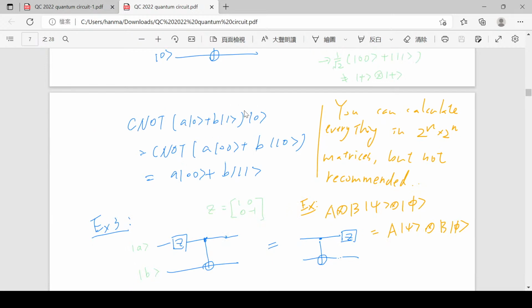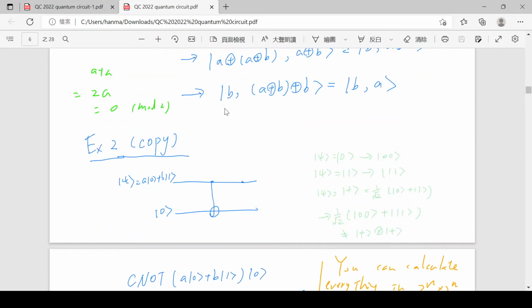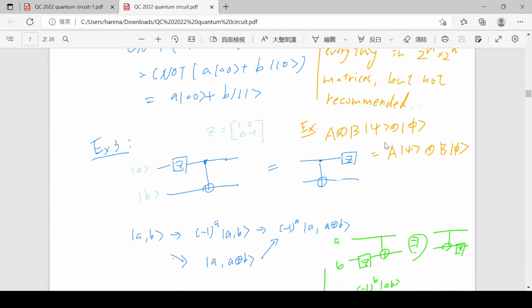You basically write out your states as a summation in the computational basis. Then you try to apply your quantum gates one by one using a relationship like this.